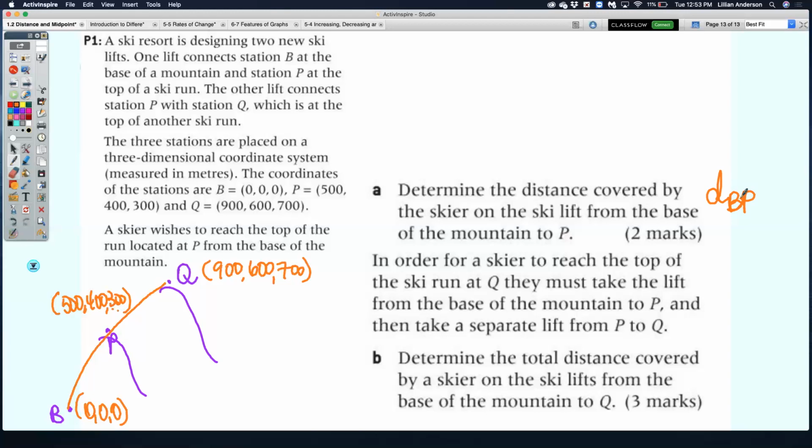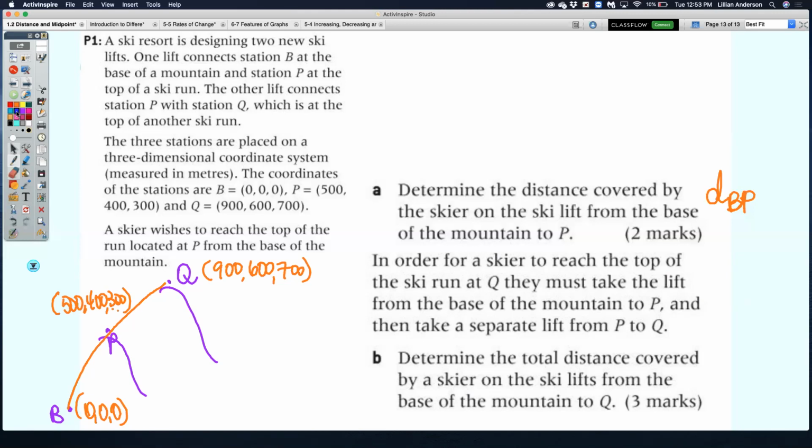It says in order for the skier to reach the top of the ski run at Q, they must take a lift from the base of the mountain to P and then take a separate lift from P to Q. Determine the total distance covered by the skier on the ski lifts from the base of the mountain to Q. How would I figure that out? Would you find the distance separately then add them together?